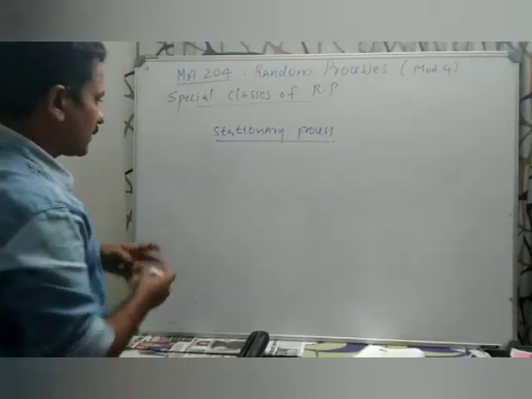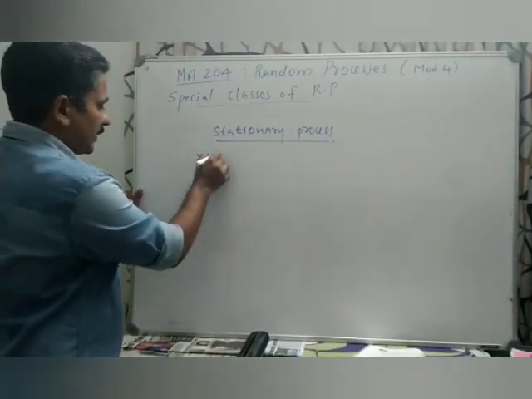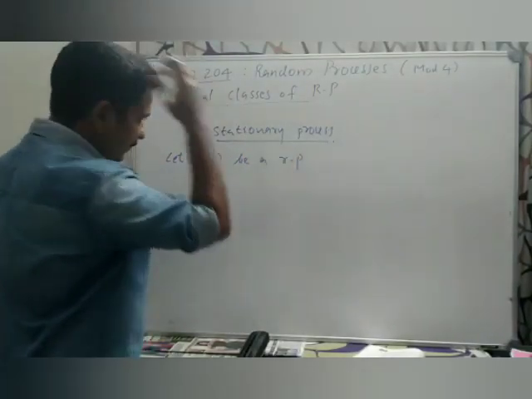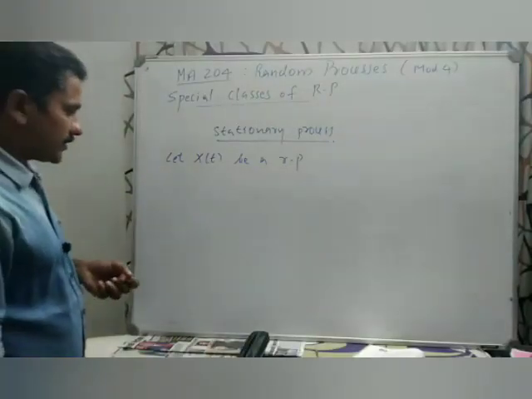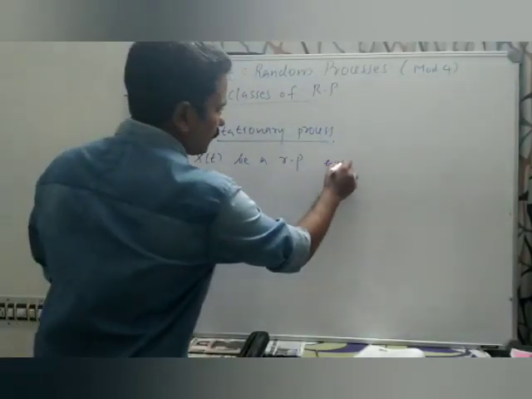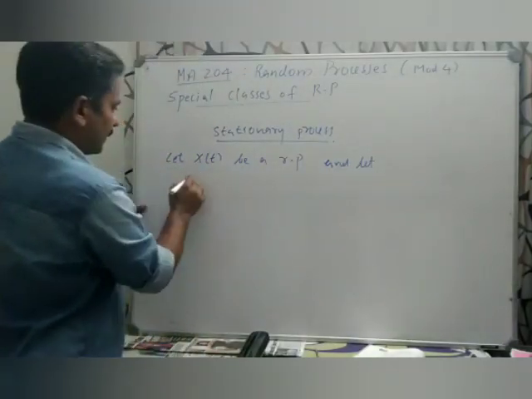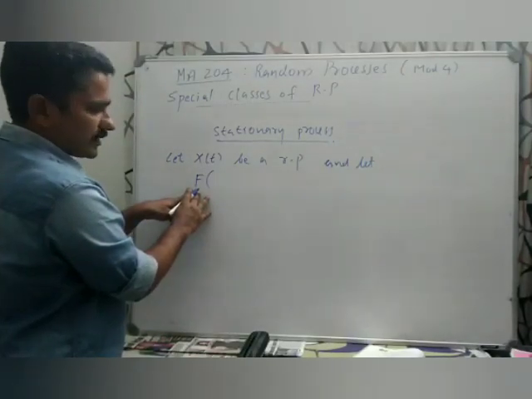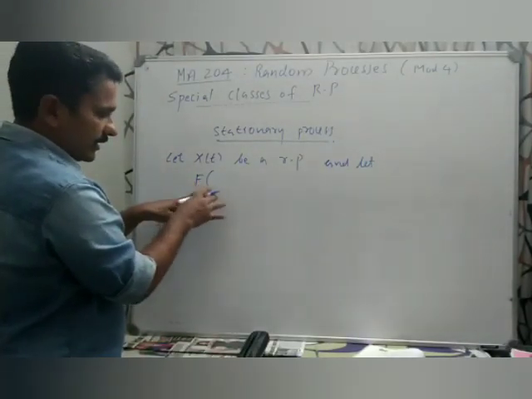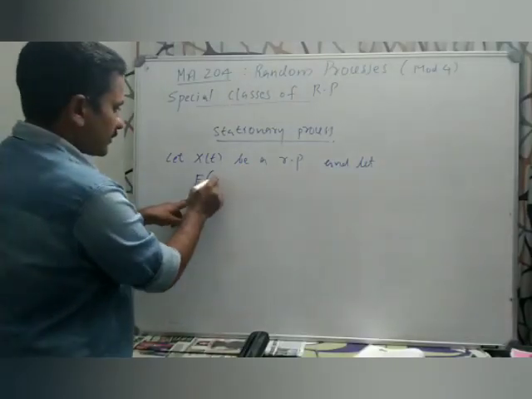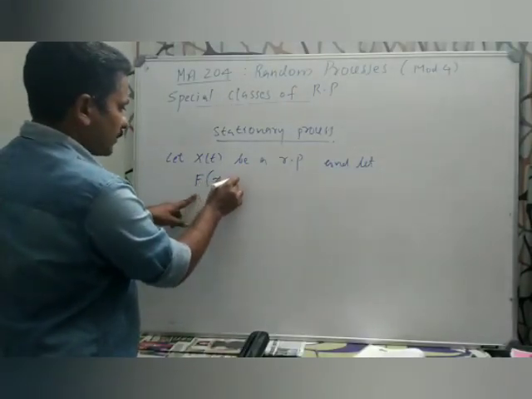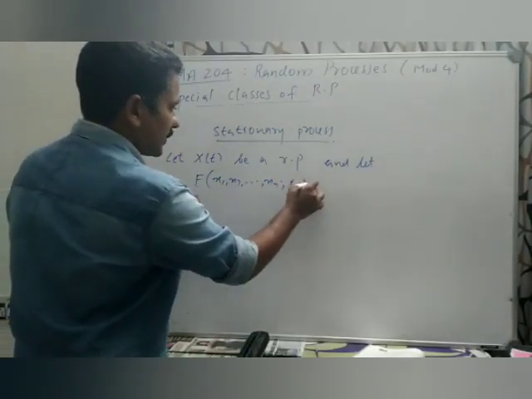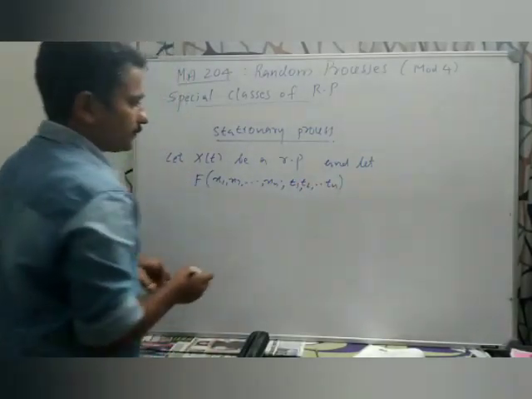Stationary process. Let x of t be a random process, and let capital F be a distribution function. This is not just the distribution function, but we define a general nth order distribution function, that is F of x1, x2, etc. xn; t1, t2, etc. tn.